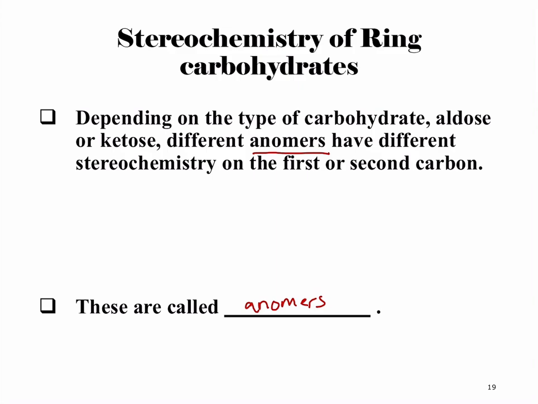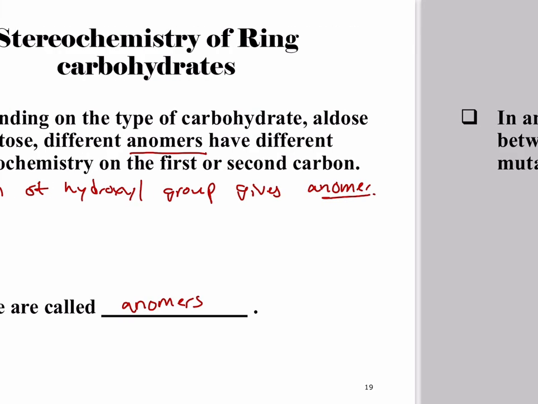And on the first or second carbon, if it's an aldose or a ketose, the direction of the hydroxyl group gives the anomer, or the specific anomer.